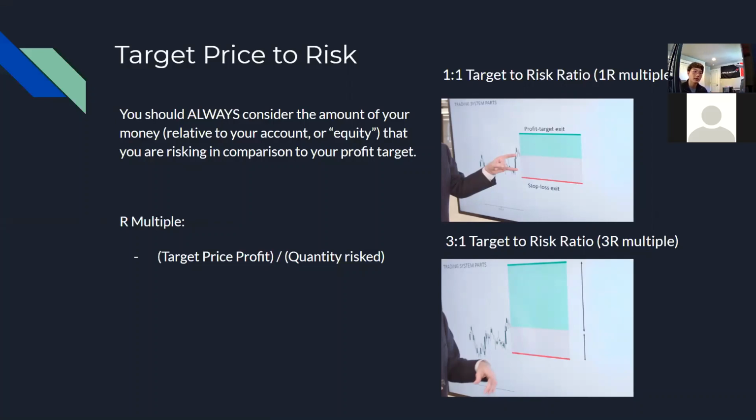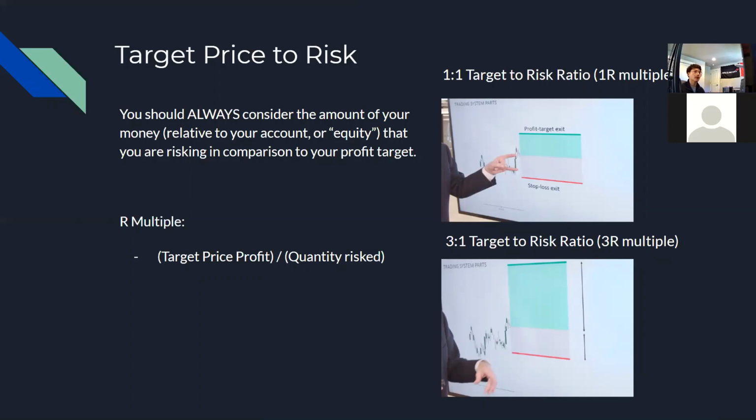In the bottom, however, you could see a 3-to-1 target to risk ratio. In this case, the limit order is placed at a value 3 times higher than the stop loss relative to the current price. So when we're thinking about the R multiple, we're simply thinking about the target price profit over the quantity risked. So you never want to lose more money than you can afford to lose, and that's what your stop loss is for.